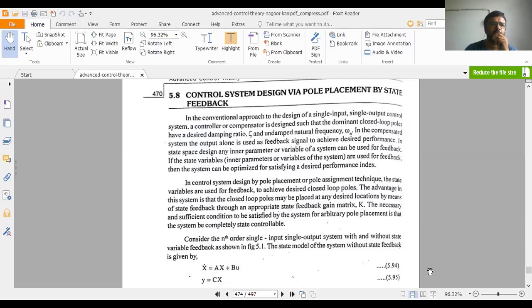The first topic is control system design using the pole placement technique for the state feedback method. Design of the state feedback controller using pole placement is the first topic.